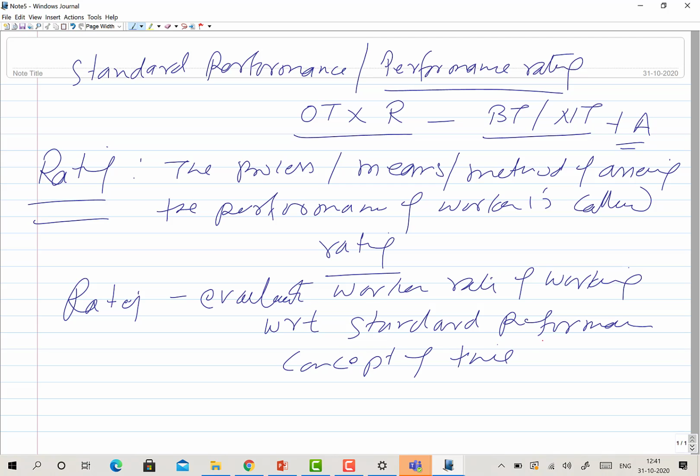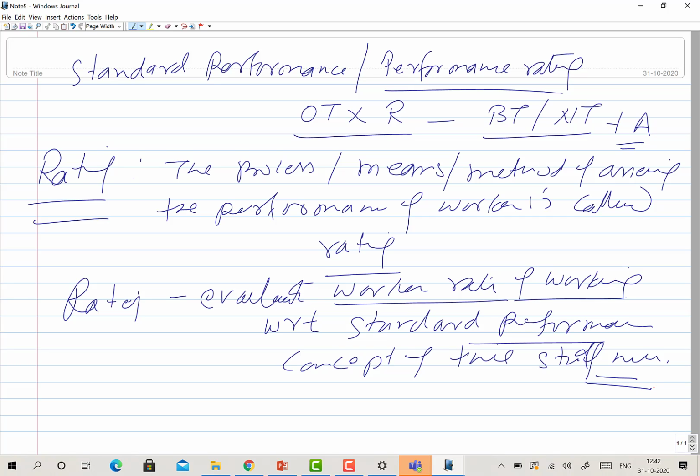So what the time study man considers as a standard performance, with respect to that the worker's performance is rated.